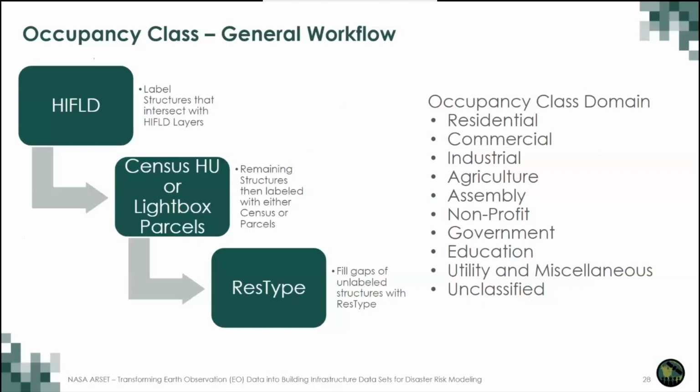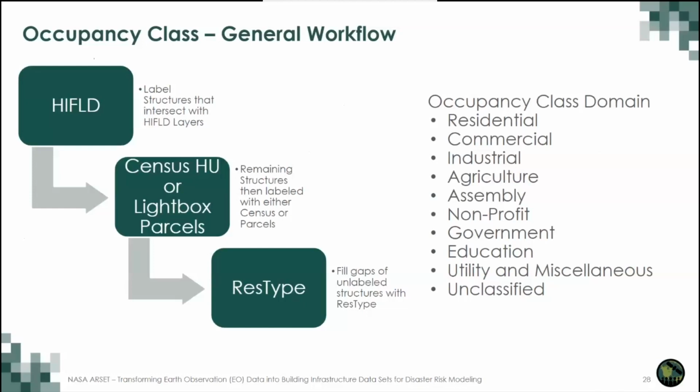And then anything that doesn't get labeled by that process, we then move to census housing unit data and Lightbox parcel data, where we intersect any remaining unlabeled buildings with those data sources, and then we try to aggregate or categorize various information from those data sources into our occupancy schema that you see on the right.